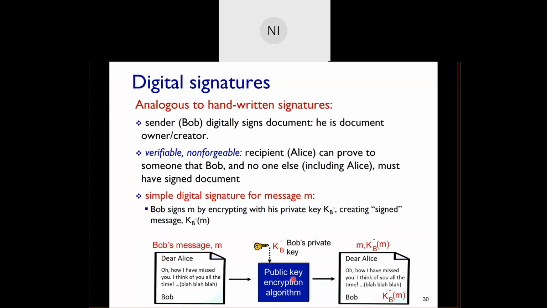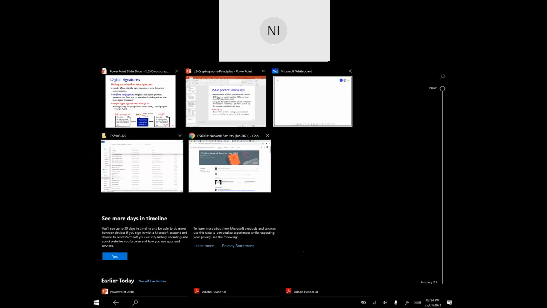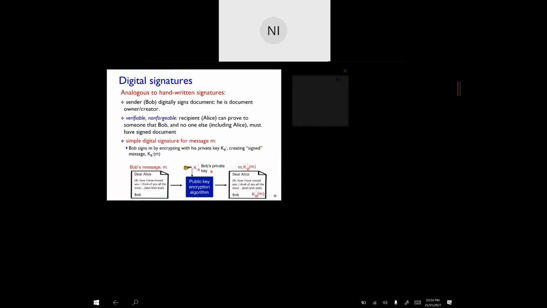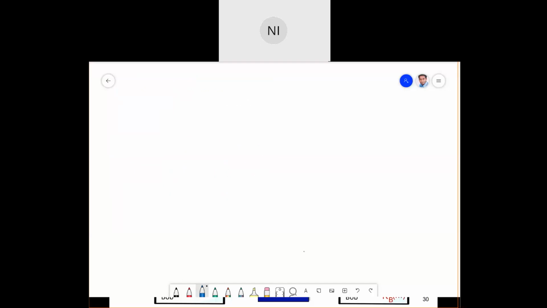So what is the meaning of signing the message? Assume that the message is M. What exactly does signing the message mean in terms of the RSA algorithm? In RSA, what does signing the message with Bob's private key mean?